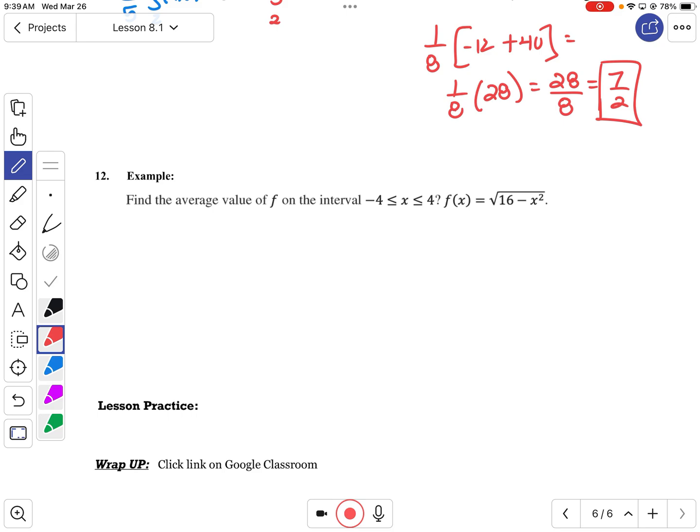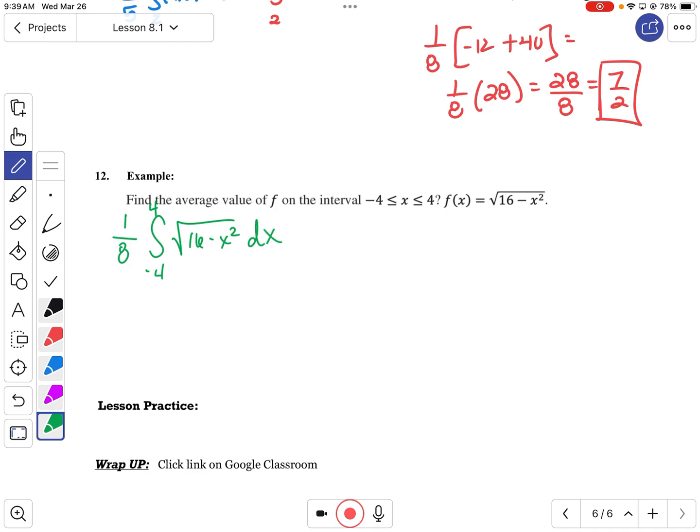All right, so it says to find the average value of f on the interval from -4 to 4 of f of x. Okay, so if we set that up, average value, what's my coefficient in front? 1/8. Okay, we're going to go from -4 to 4 of the square root of 16 minus x squared dx.